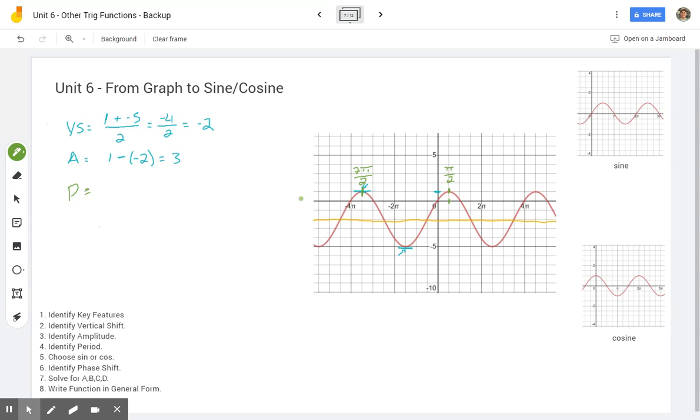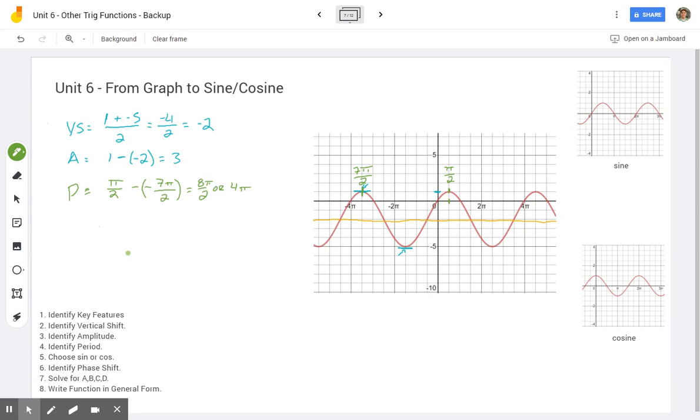In order to find our period, we take the furthest right point, which in this case is going to be this peak right here. We're going to take that x value, which is pi over 2, and subtract from it the left value here. So we're minusing a negative 7 pi over 2. And so when we finish this out, our calculations are going to show an 8 pi over 2 or 4 pi.